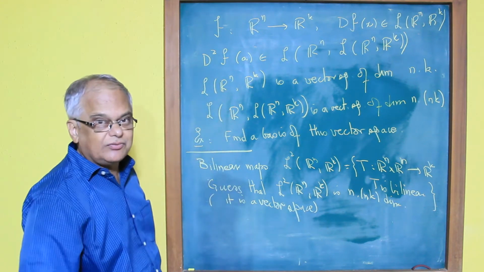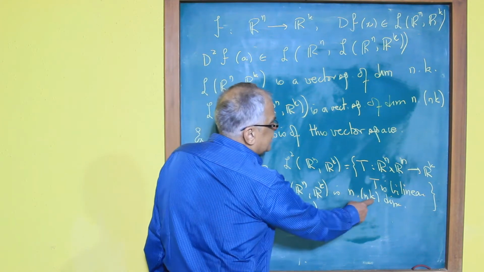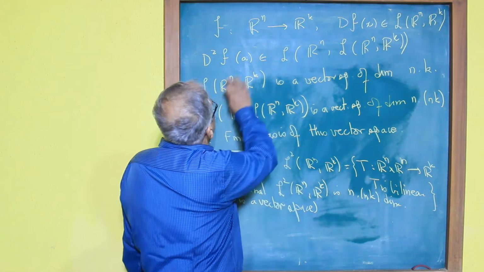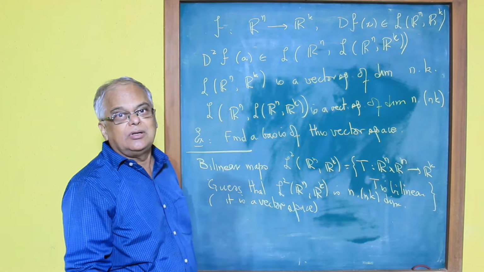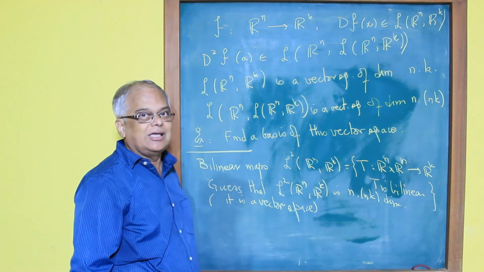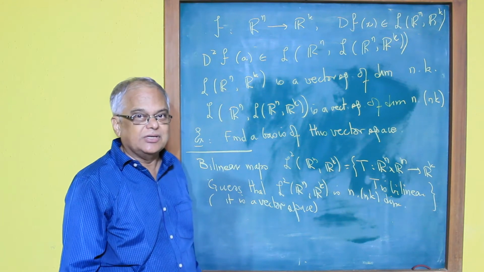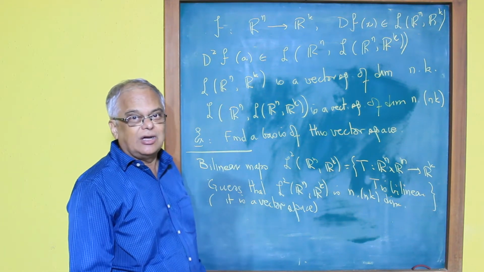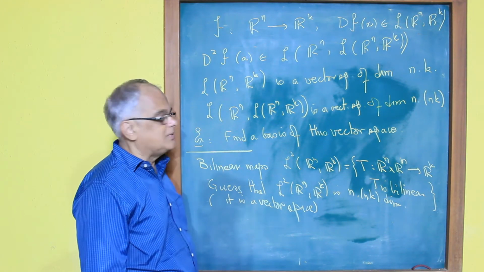So now I have these two different vector spaces: L2 of Rn, Rk, which I hope is an n into n times k dimensional space, and linear maps from Rn to linear maps from Rn to Rk, which I know is an n times nk dimensional space. We know that any two vector spaces of the same dimension are isomorphic, so we'd like to prove that these two are isomorphic.